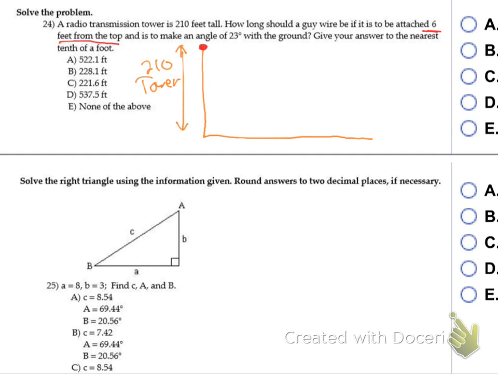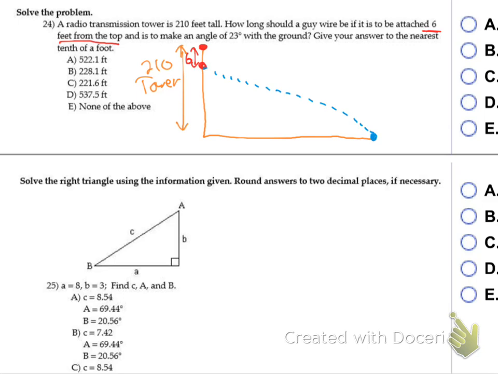So if this is the tip top, you're going down 6 feet from that. This gap here is 6 feet. And the wire's going from there down to the ground. Is that making sense, what they're saying?